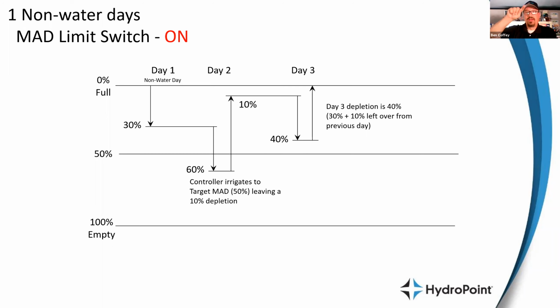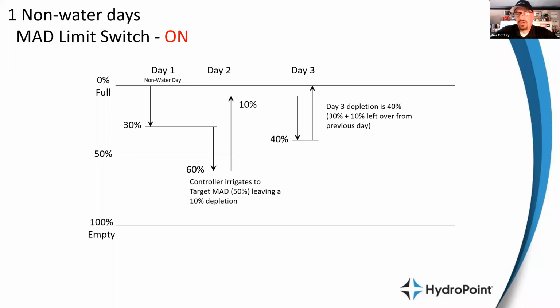It's going to water out everything that it carried over and everything that accumulated in the day, whether it's 50% or not. So if you're carrying depletion over with Mad Limit Switch on, it's never going to skip a day. It's always going to water. It's always going to deliver some irrigation to try and water out that extra piece of MAD, to work as hard as it can to get that glass back to zero.